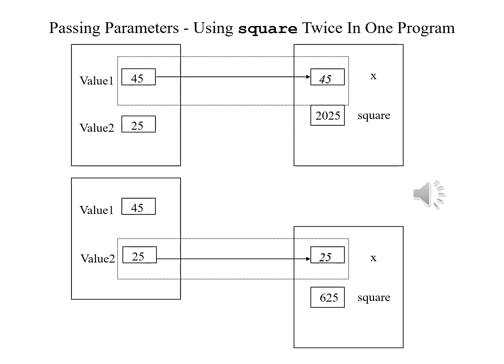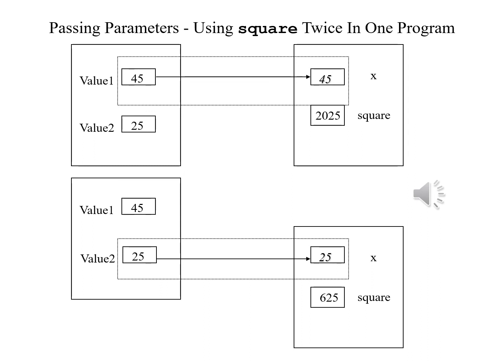In the first case, it is value1 that I make use of. Its value of 45 is copied over into the space in the memory set aside for the method printSquare for the value x. From there, I calculate 45 squared, which is 2025, and that's the value that I'll print.